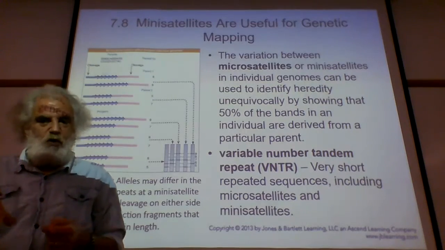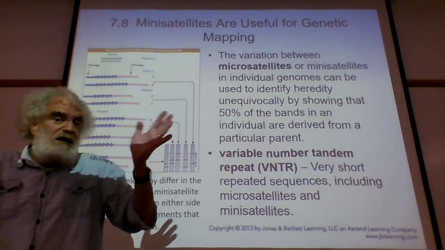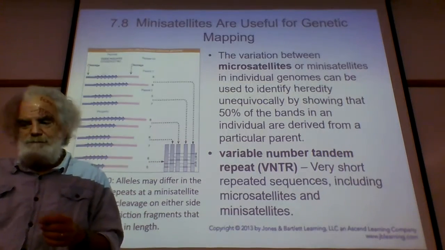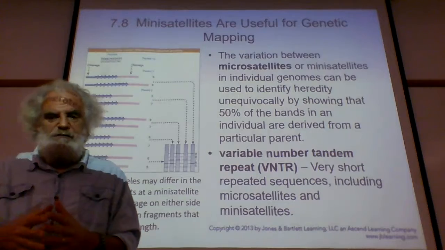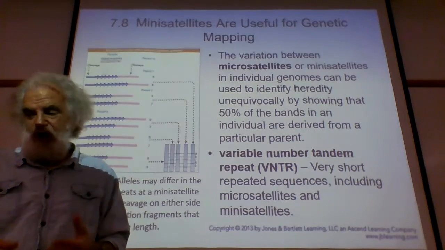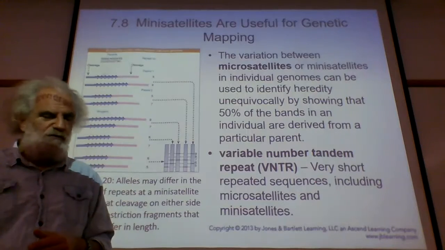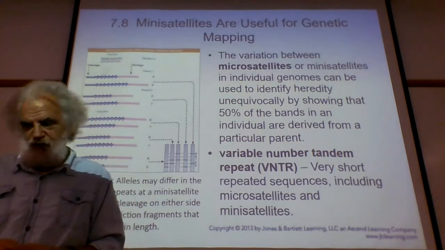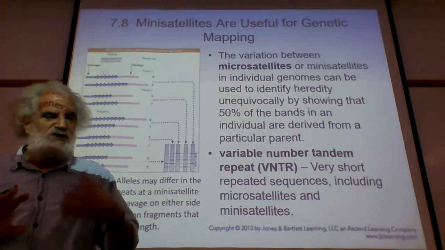And these are very short, usually 3, 4, 5, or 6 nucleotides repeated over and over again. And these are part of this system of identified sequences in the genome. So VNTRs can range from either being microsatellites or minisatellites. We work with VNTRs that we would consider microsatellites.